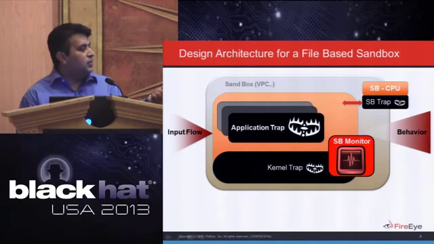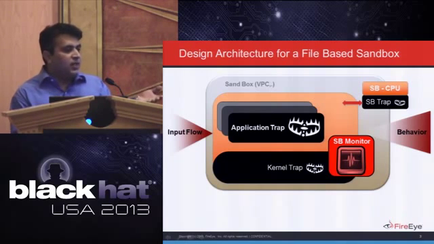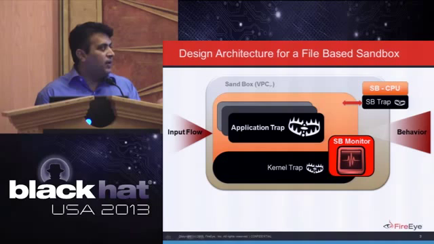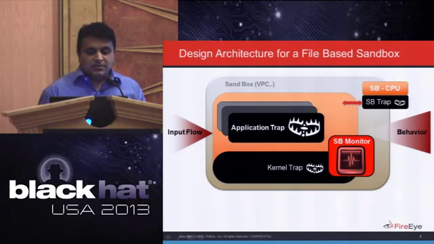A sandbox monitoring unit will convert these calls into behavior. Once we have the behavior of the file, an analyst will be able to say if the file is good or bad. If the file is malicious, signatures can be generated and deployed.